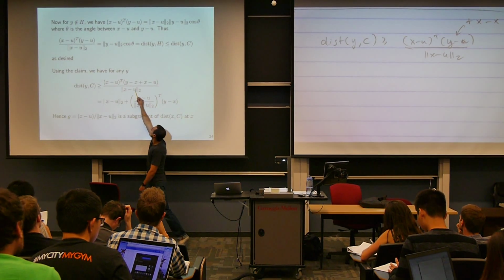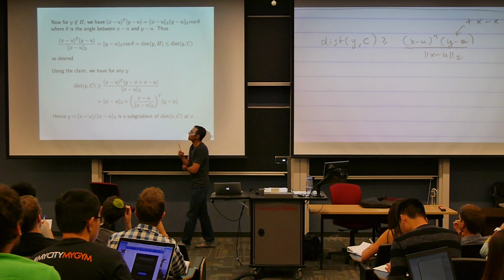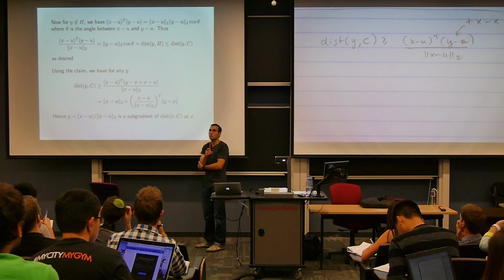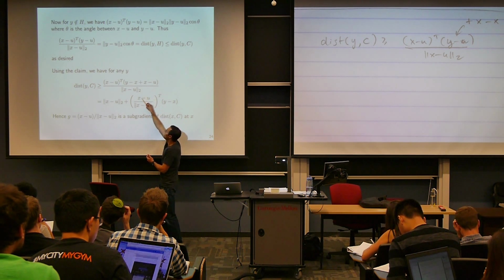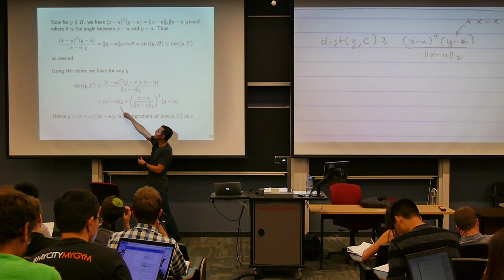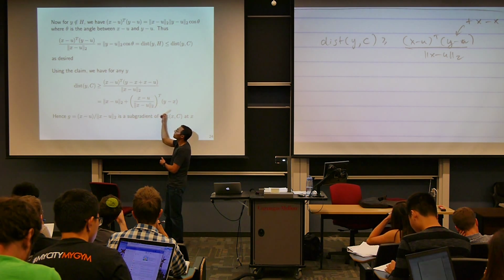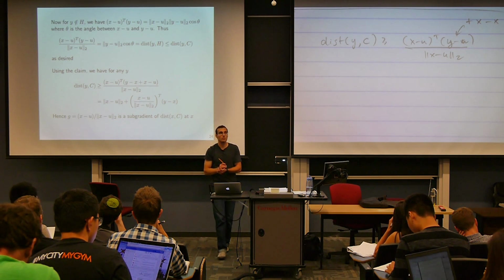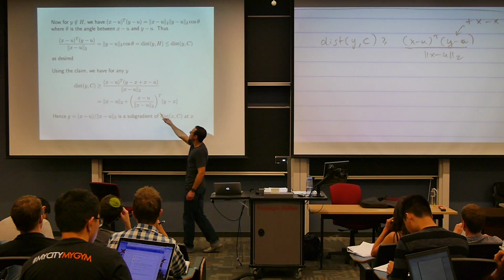And this term, I just get looking like x minus u over its norm transpose y minus x. This is exactly the expression for how a subgradient is defined. If that's g, this is saying the distance between y and C is bigger than or equal to the distance between x and C plus g transpose y minus x. Okay, so it's exactly the conditions that are required to prove this is a subgradient.